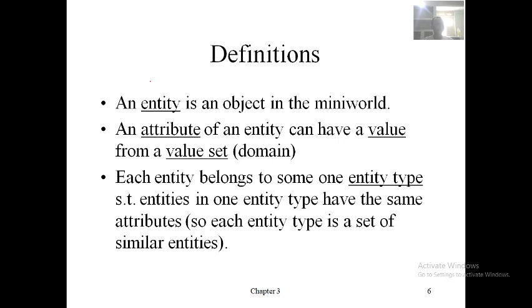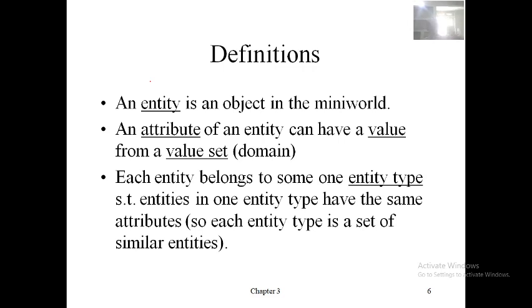Example. In our example, department is an entity. Department name, department unique ID, department start date, department manager, or department location. All these are the characteristics which form a department.